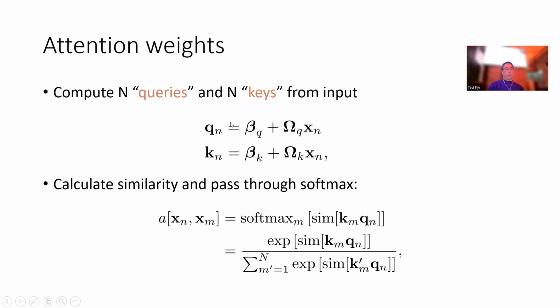So what we're going to do is we're going to have this A function. Remember, it's using one input N, and it's comparing it one by one to each of the other inputs M. And so we're going to have this idea of a query and a key. I haven't particularly found the idea of dictionaries, query lookups, query keys to be a super helpful mental model.